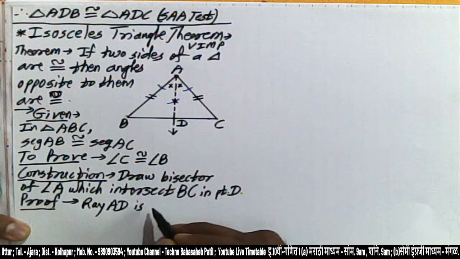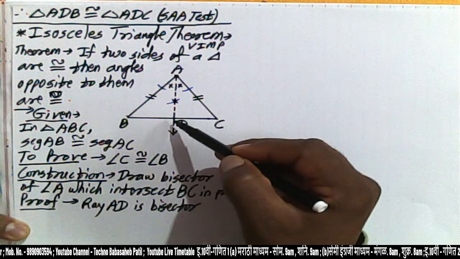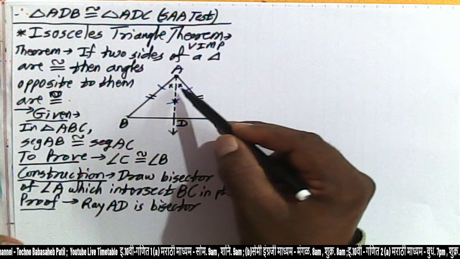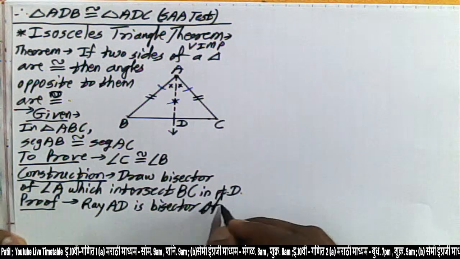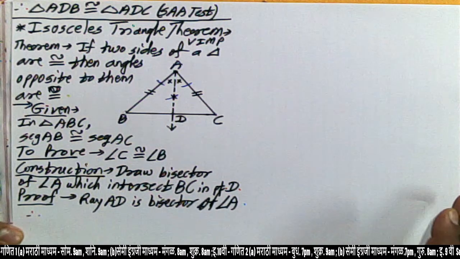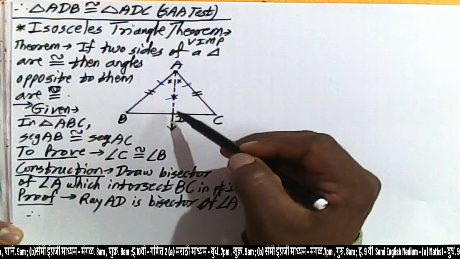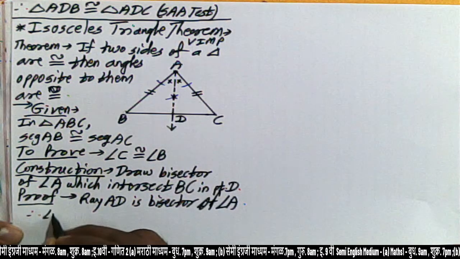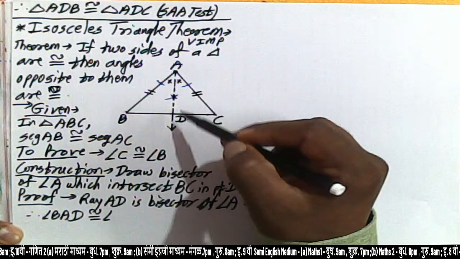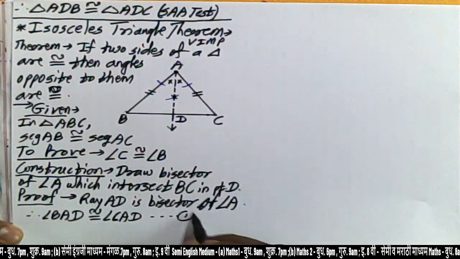Ray AD is the bisector of angle A, and therefore we get two angles congruent, that is angle BAD congruent angle CAD, and that is equation 1.